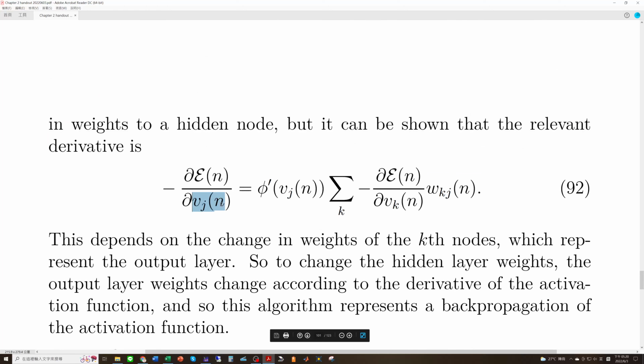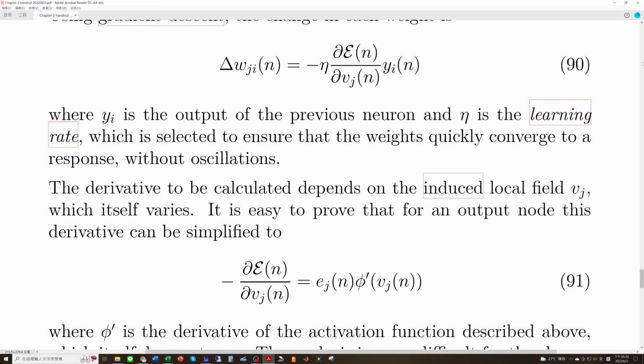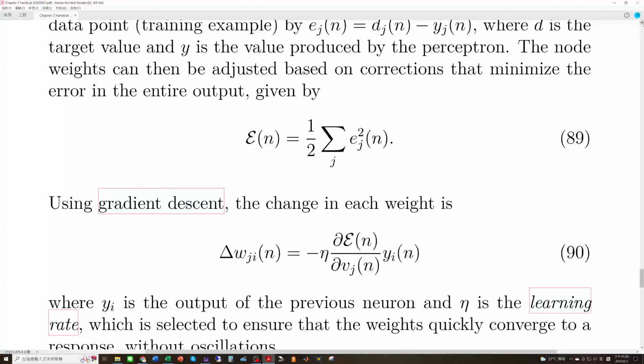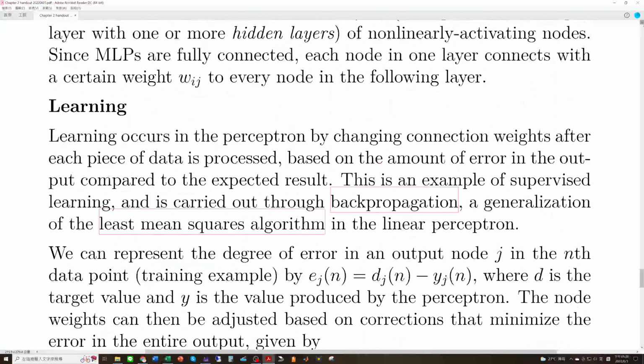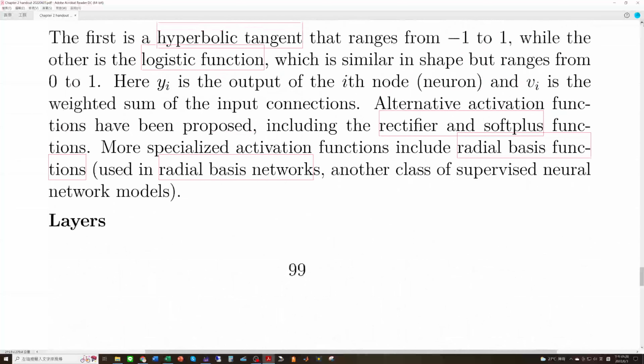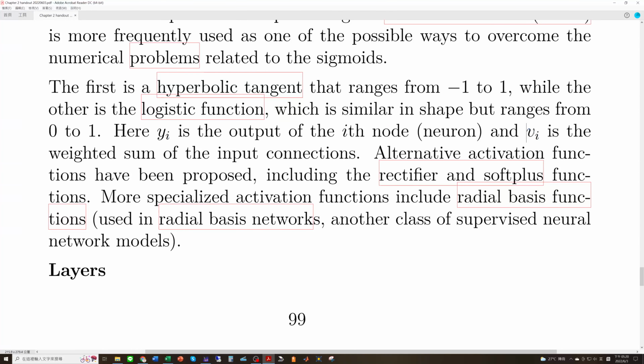And what is Vj of n? Let us review it. Vj is the induced local field. But what is the meaning of V? Let us search the meaning of V. Here we know that Vi is the weighted sum of the input connections.